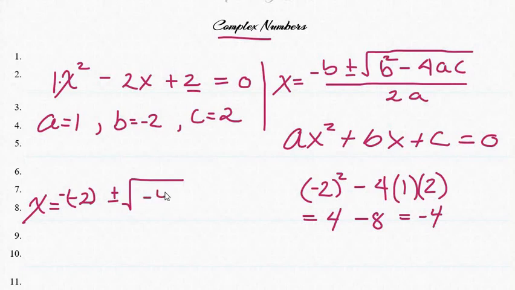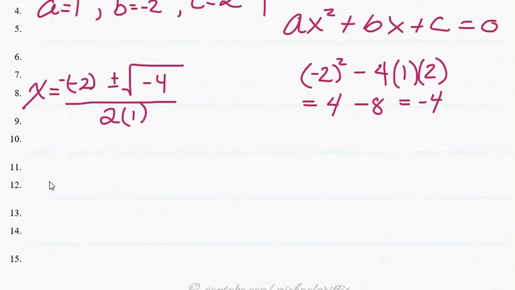So let's write it in, and it's all over 2a, which is 1. Okay, let's simplify this thing down. So we have x is equal to, a negative and a negative makes a positive, 2 plus or minus the square root of negative 4 over 2.